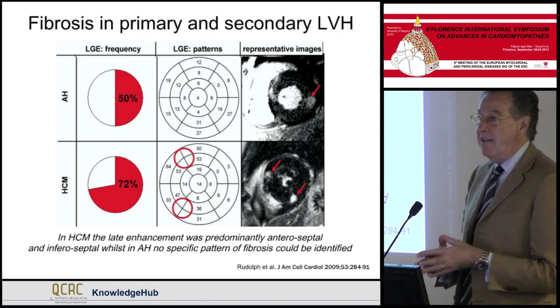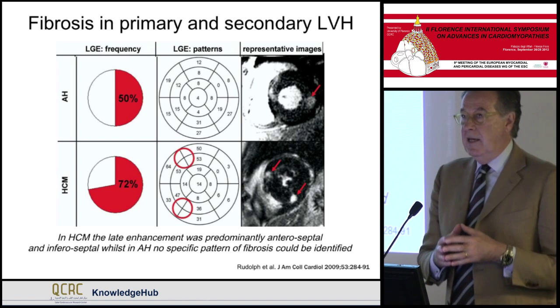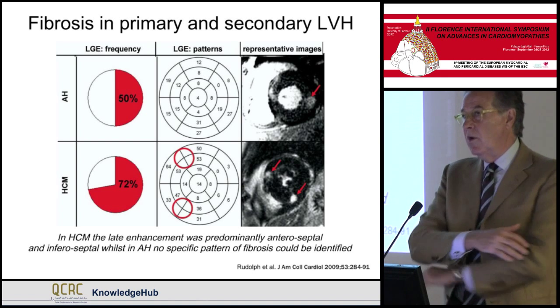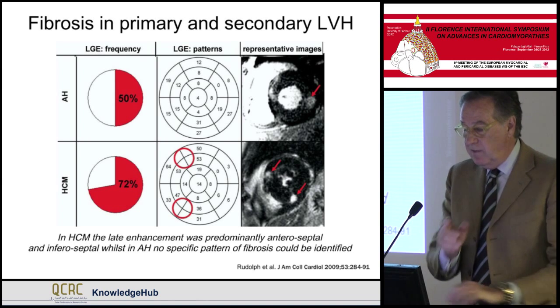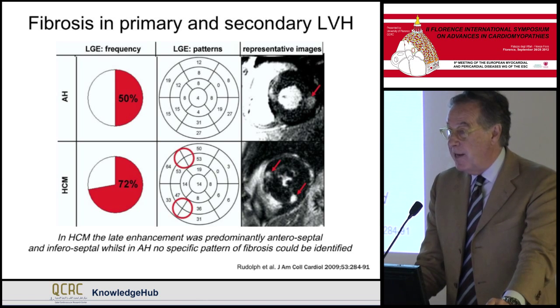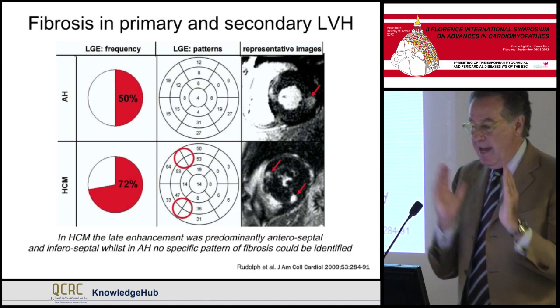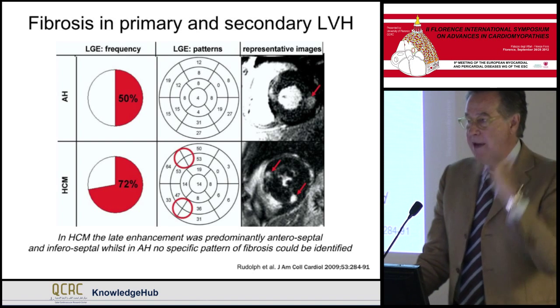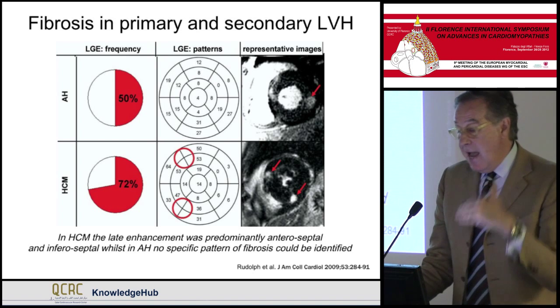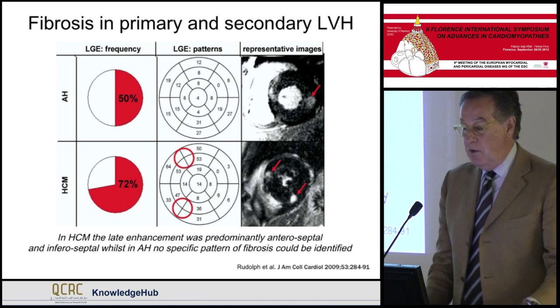Now, does this resemble what we see in hypertension? Yes. This is a beautiful paper from the Berlin group, where LGE was assessed both in patients with hypertrophic cardiomyopathy and in patients with LVH due to hypertension.